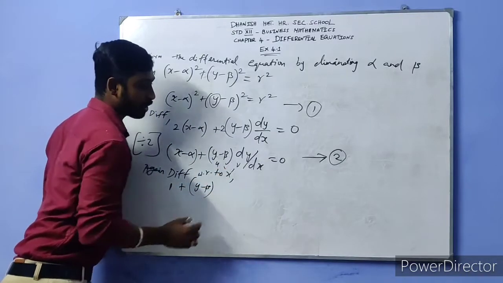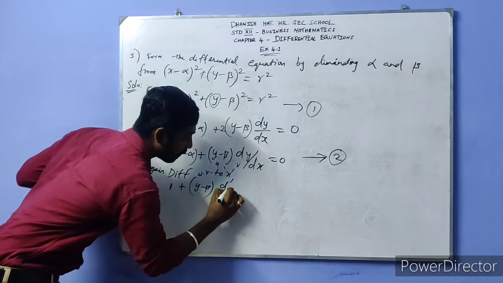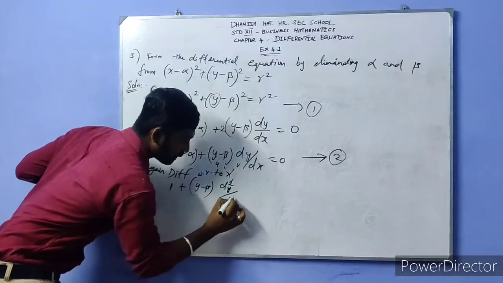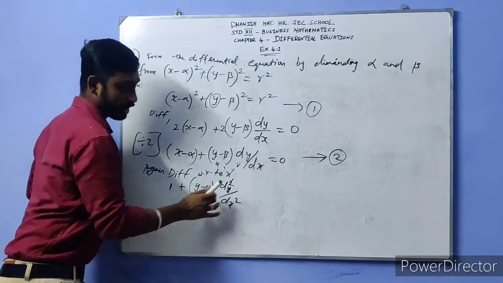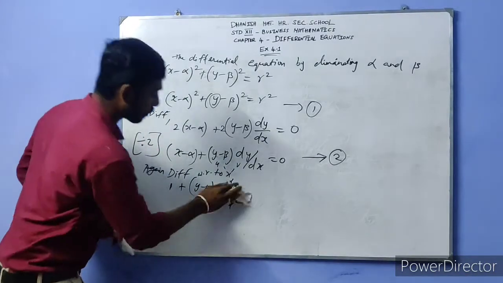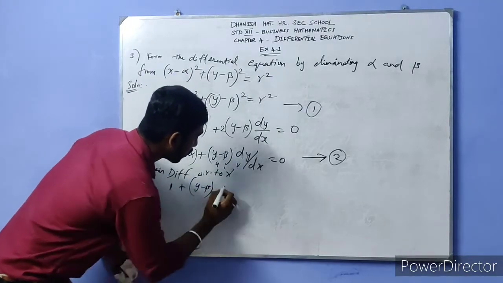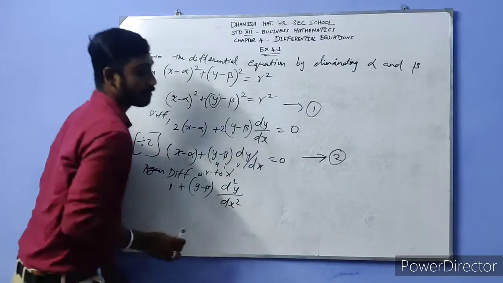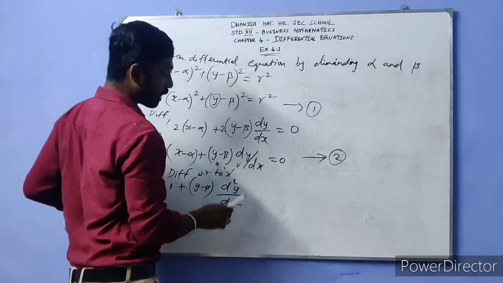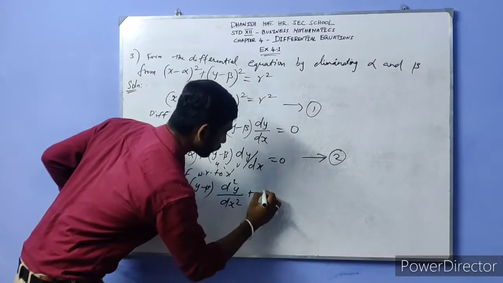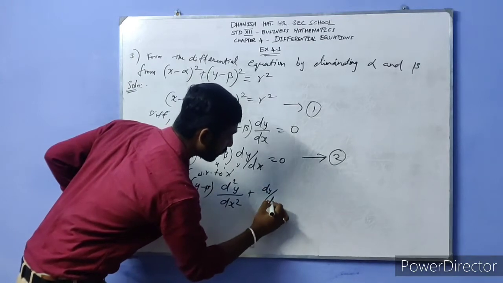Now we differentiate dy by dx, which gives d square y divided by dx square. Then v will be separated here, plus what is the v value? dy divided by dx.